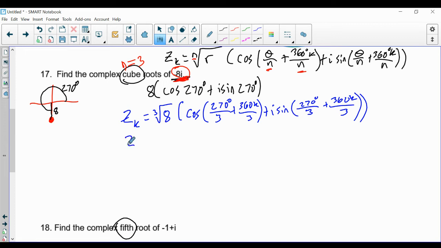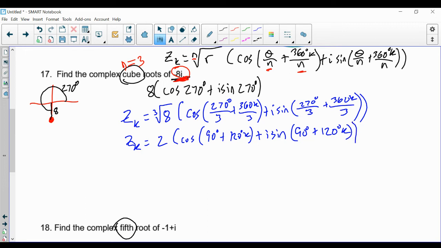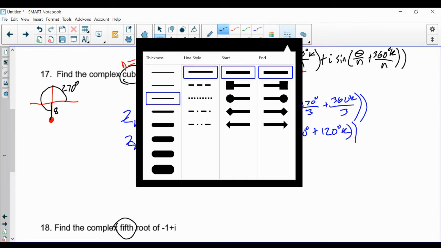All right, so now let's get this simplified. Cube root of 8 is 2, and then 270 divided by 3 is 90 degrees, plus 360 divided by 3 is 120 degrees. So we got 120k plus i sine of the same exact simplifying, right? 90 degrees plus 120k.